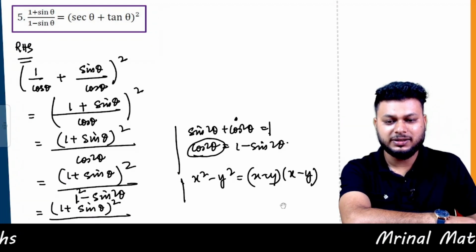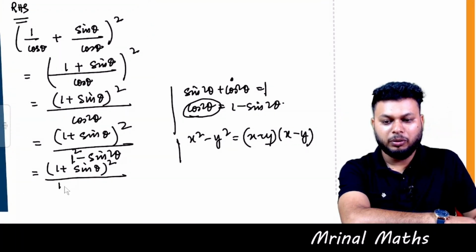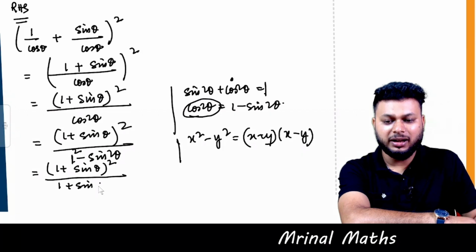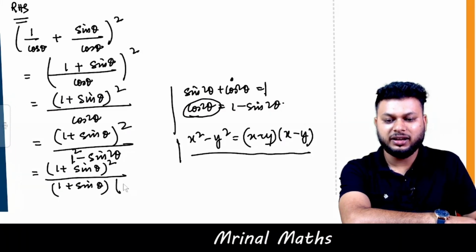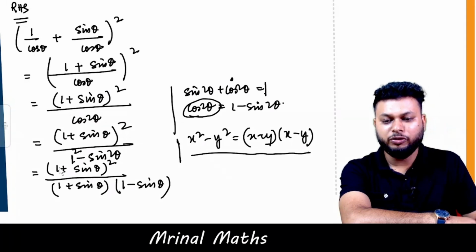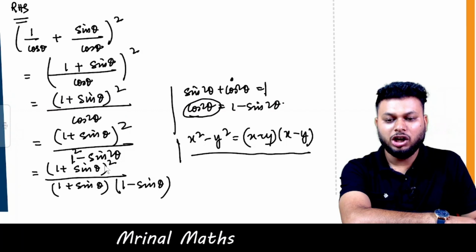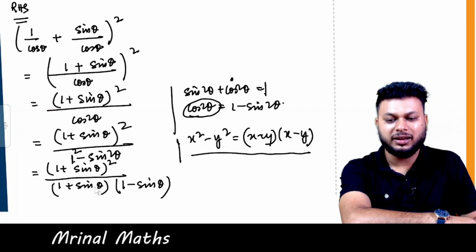This can be written as, using this identity, (1 + sin θ)(1 − sin θ). Look, here you have (1 + sin θ) whole square. So one of it gets cancelled with 1 + sin θ. Yes or no?